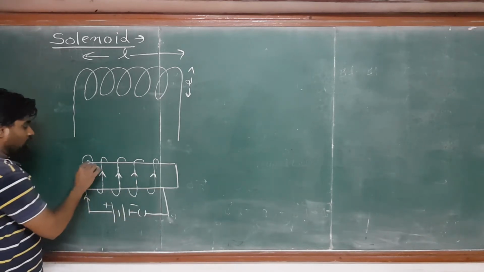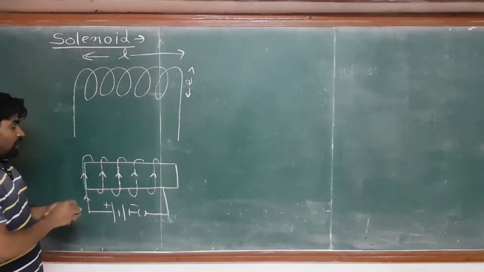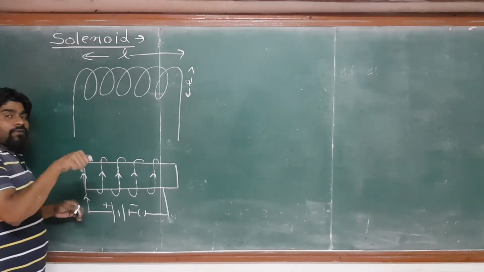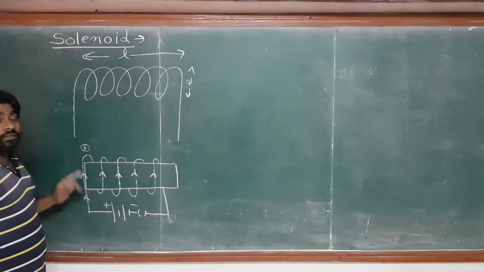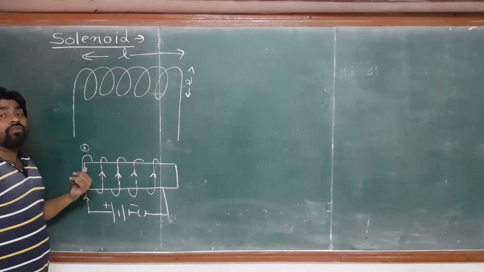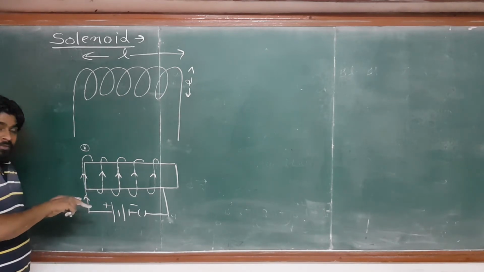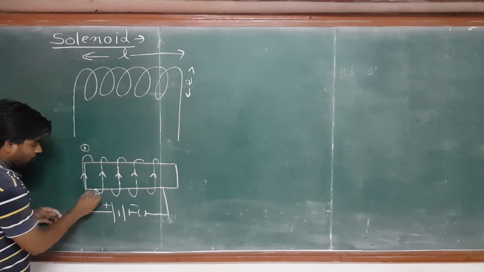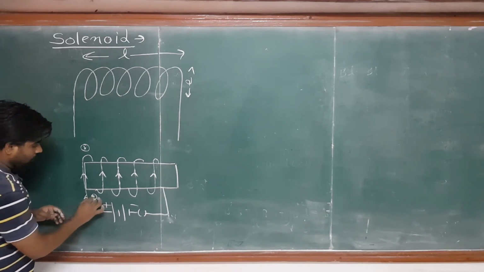Okay, so these 2 points are very important. At this point, the current is going inside. If it is going inside, then at this point I have to show the cross. This is the cross for the current, not for the magnetic field. And when it comes out from the board, you have to show the dot.